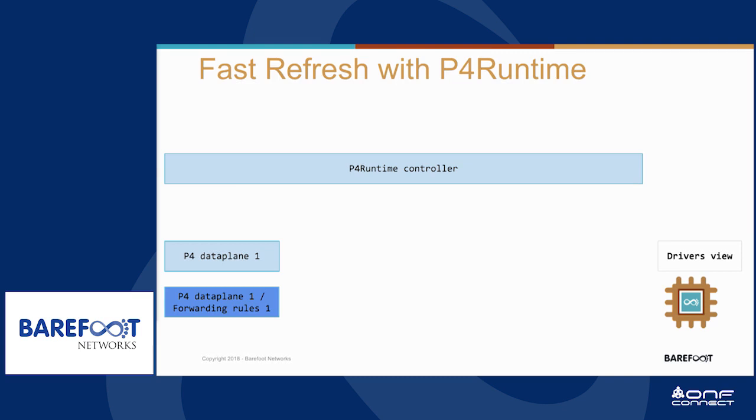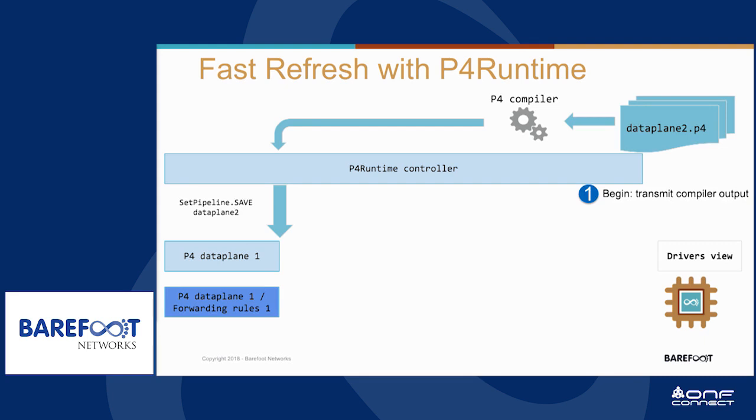This is a picture of what fast refresh looks like in P4Runtime. You start with your P4Runtime controller. At first, your ASIC is running your first data plane with your first set of forwarding rules.